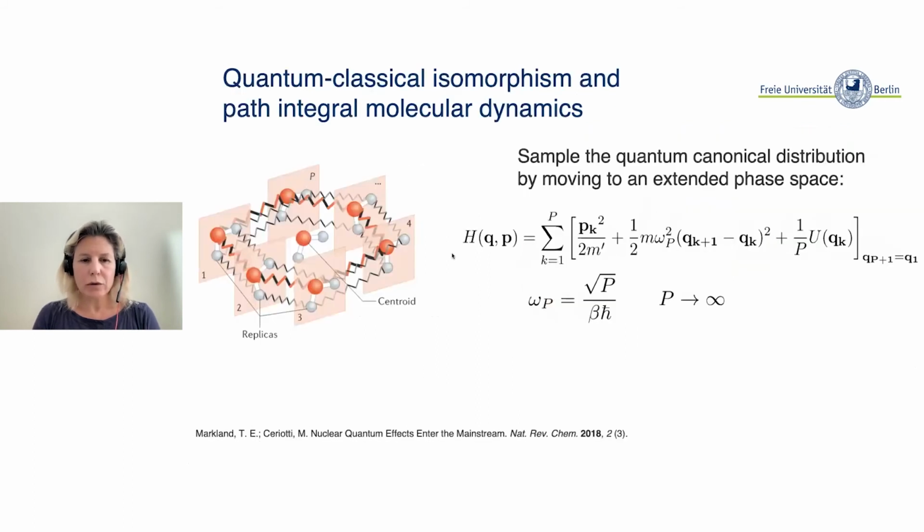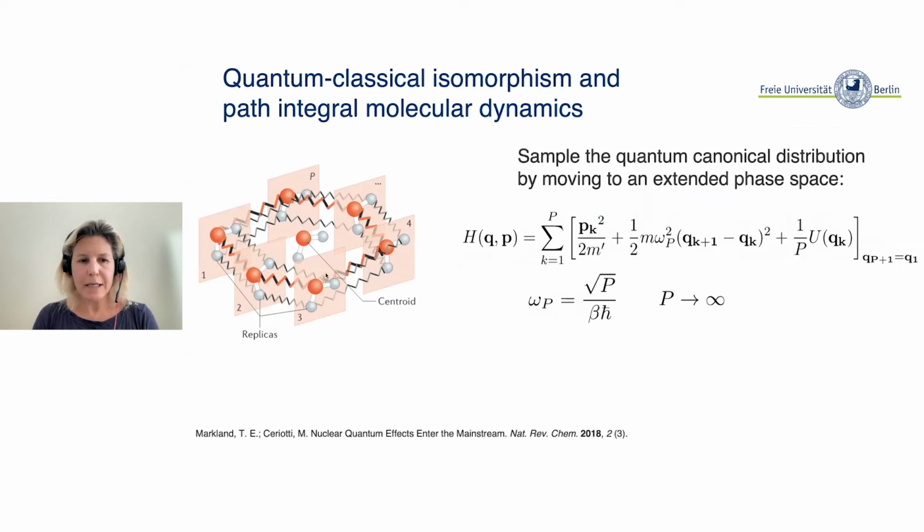So in order to do this, we decided to use the Feynman path integral, the quantum-classical isomorphism. You may be familiar with the Feynman path integral. Basically, in practice, it means that each degree of freedom, each atom, gets associated to a ring polymer.